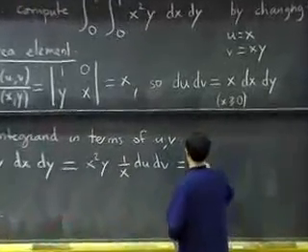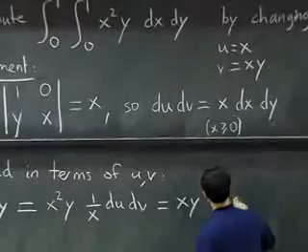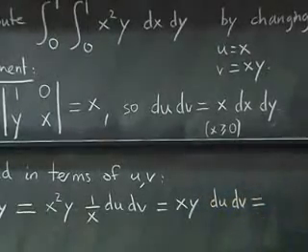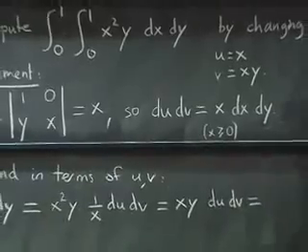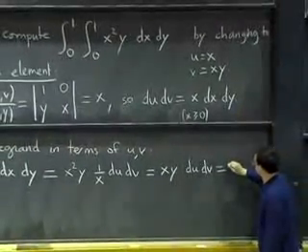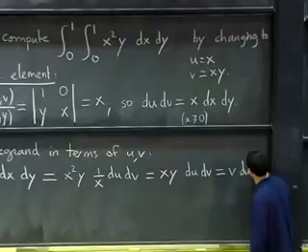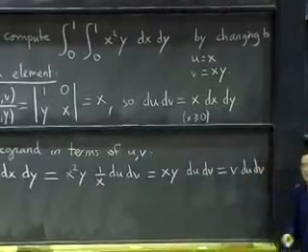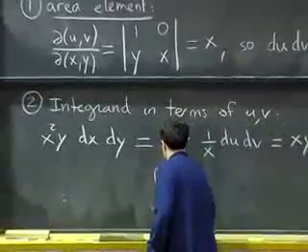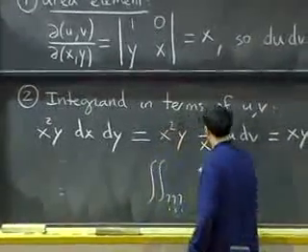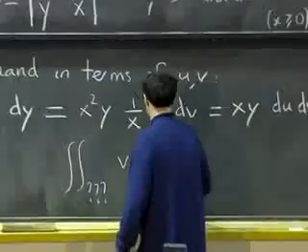So that's actually xy du dv. And what is xy in terms of u and v? Well, here at least we have a little bit of luck. xy is just v. So that's v du dv. So in fact, what we'll be computing is a double integral over some mysterious region of v du dv.